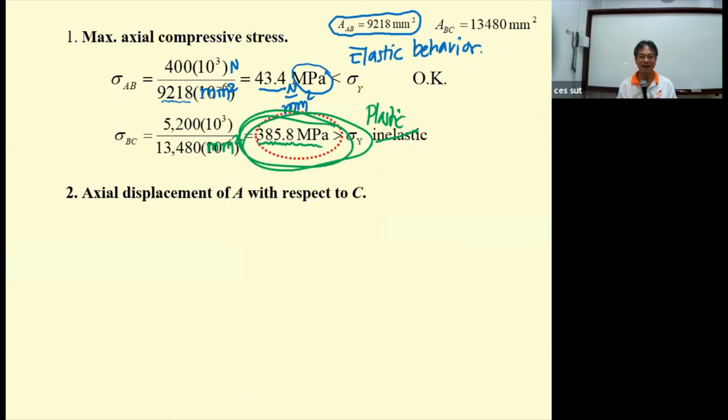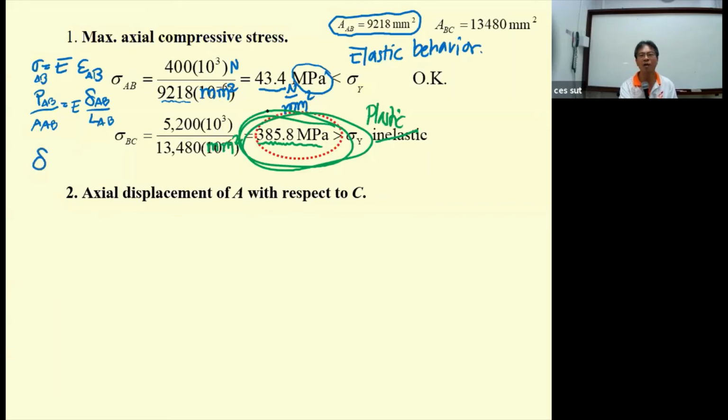Okay, and later, as we know, for the elastic behavior in chapter 4 of mechanics of materials, for this one we will have stress sub AB equal to the modulus of elasticity times the strain sub AB. This can be P sub AB divided by A sub AB equal to E times delta sub AB divided by L sub AB.